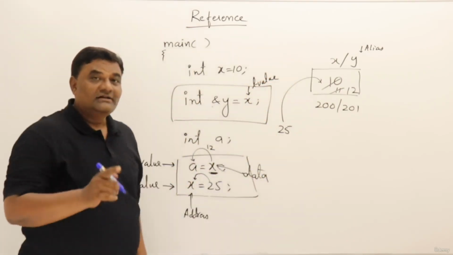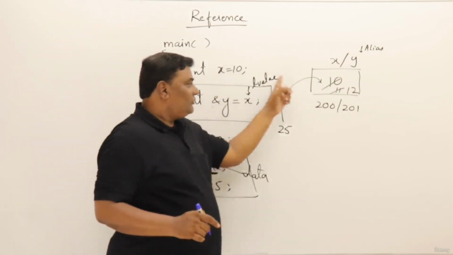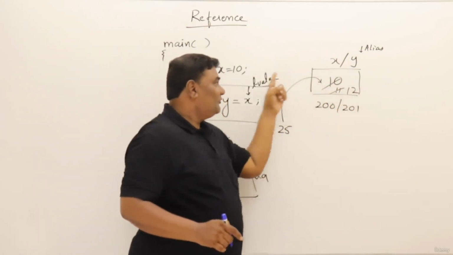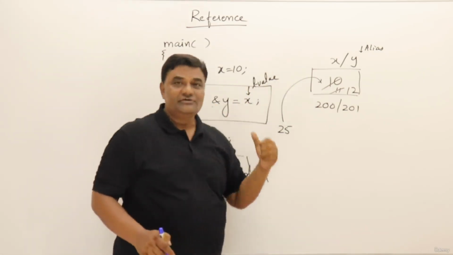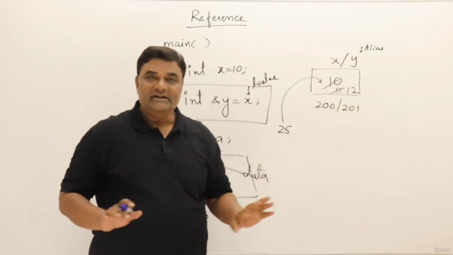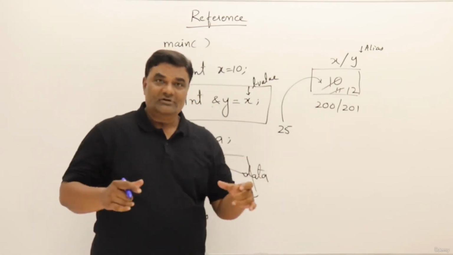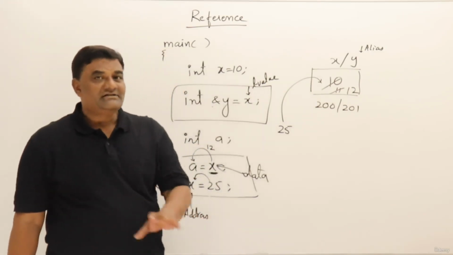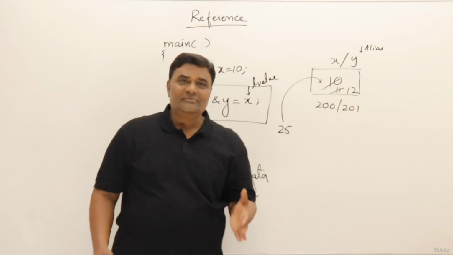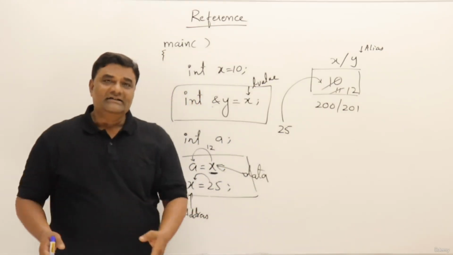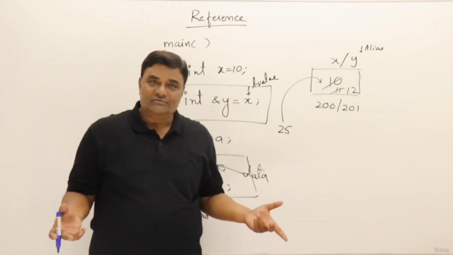Now one more important thing: x is occupying suppose 2 bytes in the name of integer, right? Because it is integer. Then how much memory is y occupying? Y is not occupying any memory. That is one more important thing about reference. A reference doesn't consume any memory at all. It is just like your brother has bought a car, and that same car belongs to you also.